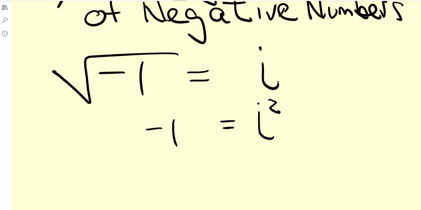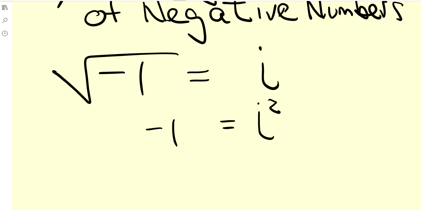So i squared is going to equal negative 1, and i is going to equal that square root of negative 1. The number i is called the imaginary number, and it is equal to the square root of negative 1, which is the same as saying i squared equals negative 1. So we'll be flip-flopping back and forth throughout the section here.